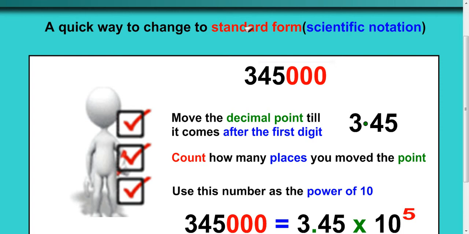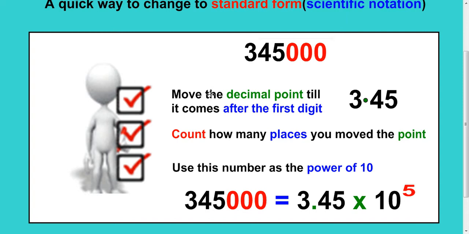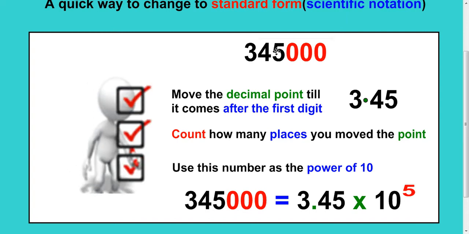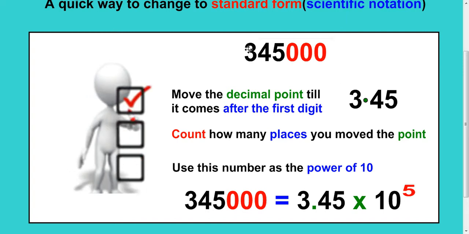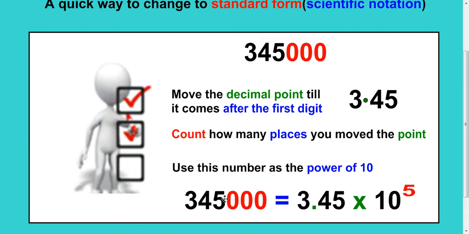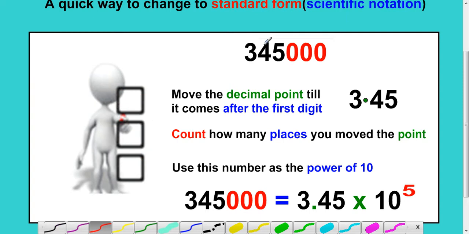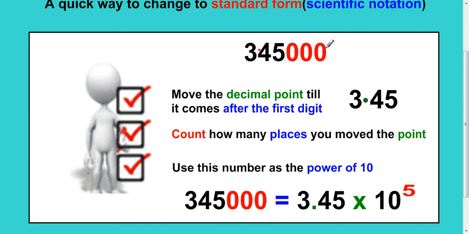So to change into standard form or scientific notation, the rules are: move the decimal point till it comes after the first digit. So basically you're looking at these first numbers here and creating a number between 1 and 10. Just move the decimal point after the first digit, so we've got 3.45. The next thing you want to do is see how many places the decimal point moves to get to the end of the number.